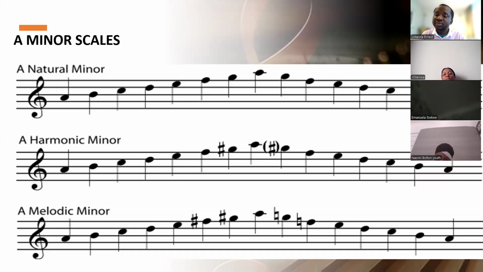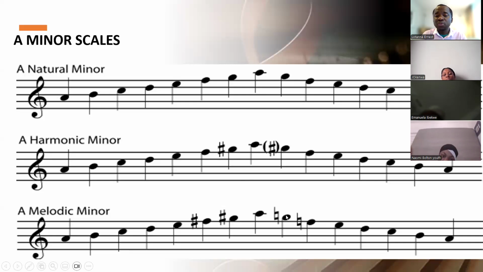Why were you canceling the 7th and 6th notes in the A melodic minor? Yeah, because we want to make it natural. So we take it back to natural. Remember, I said when you are descending in your melodic minor, it's the same as the natural minor descending.